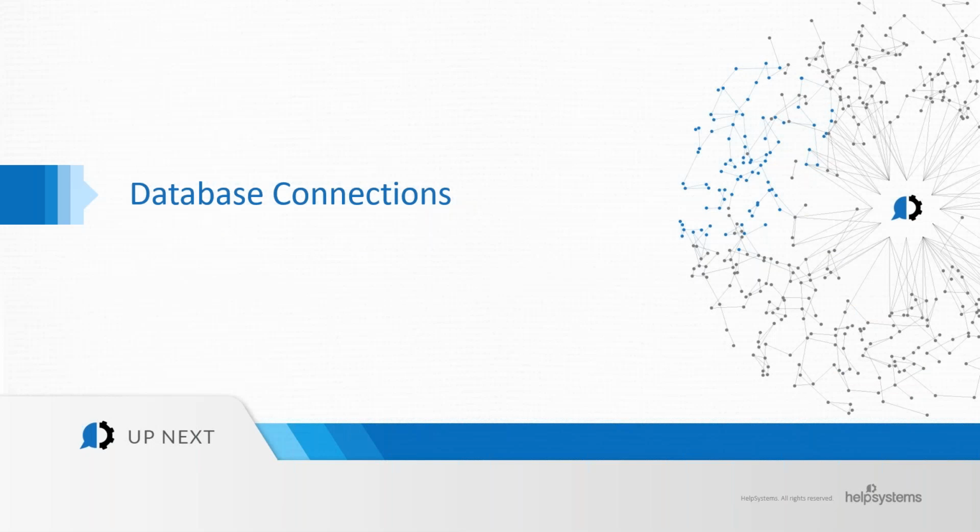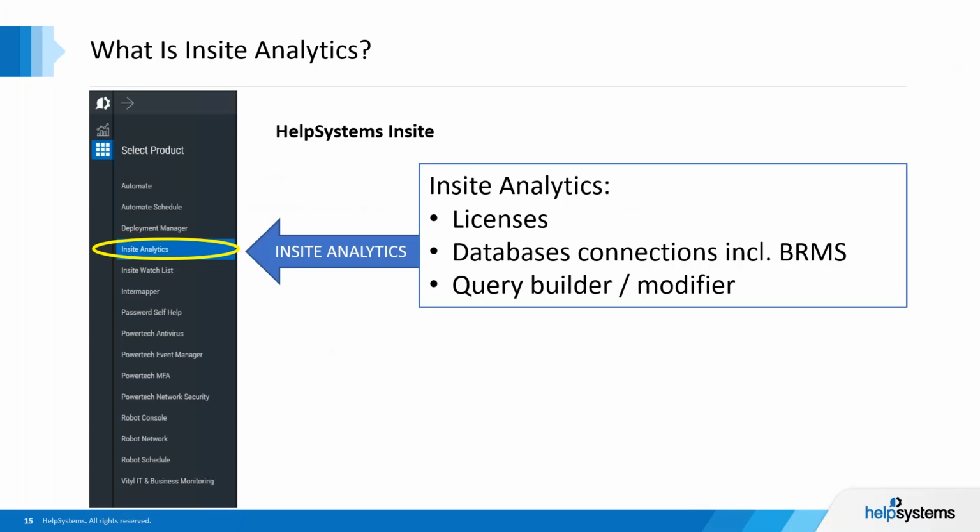So the first thing you do when you install Insite is to make your database connections. That's what we're going to talk about here. Anytime you see the black on the left like this with the nine little squares, that's Insite. And as we'll see in the demo, Insite Analytics is where you go to enter your authorization code, to make your database connections for BRMS or for other databases, and where you build or modify queries, okay?